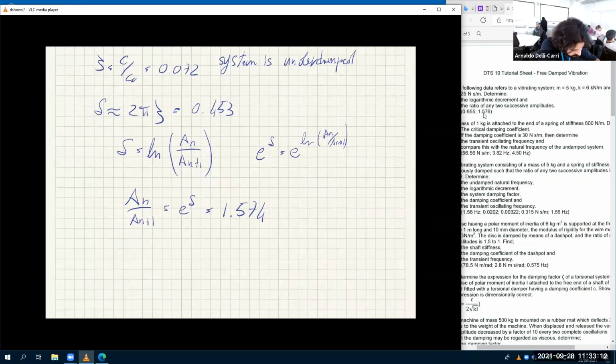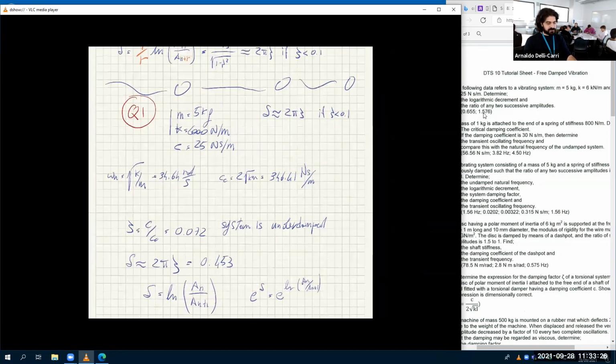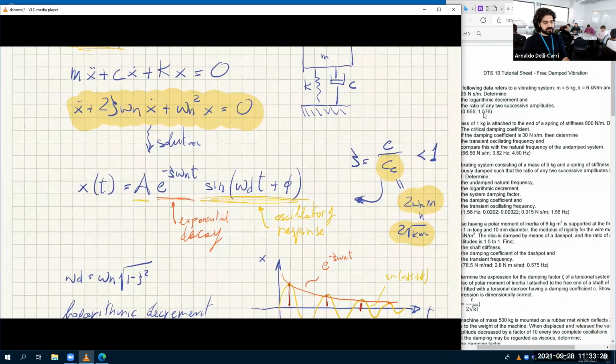Just use the formula sheet. You need to find the level of damping to know which equation you need to use. Yes, Cameron. In the lecture slides, I'm sure that Faris has given you all three solutions. I'm telling you that the solution to this equation is this only if zeta is smaller than 1.